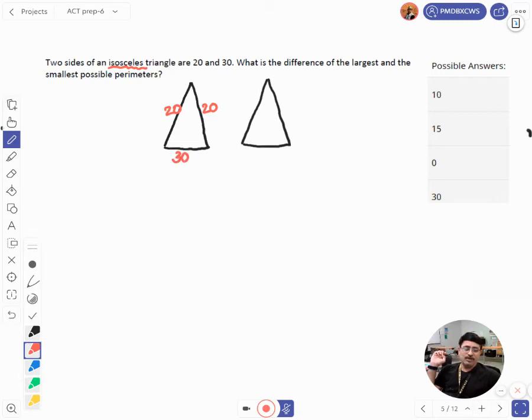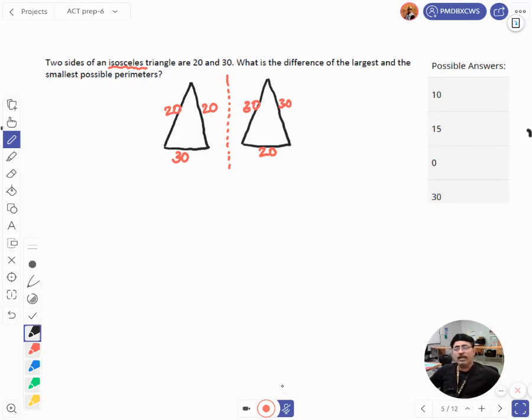This is one possibility. Another possibility is one side is 30, the other side is also 30, and the next one is 20. So there are two possibilities, right? We don't know how the triangle is given. What is the difference of the largest and the smallest possible perimeters?